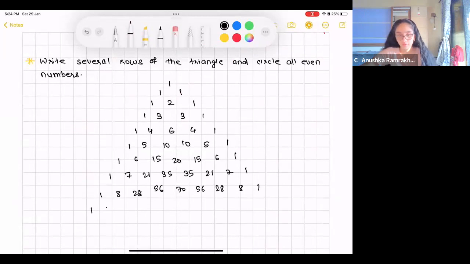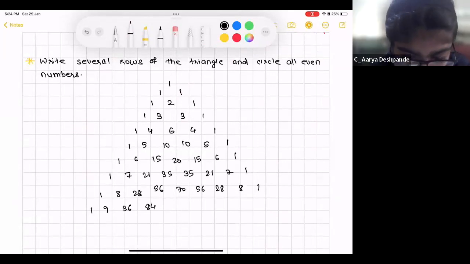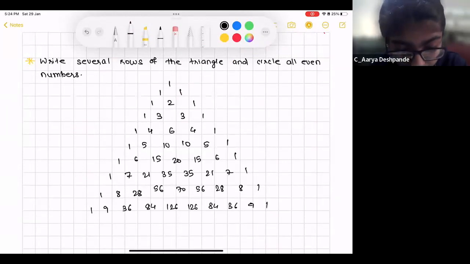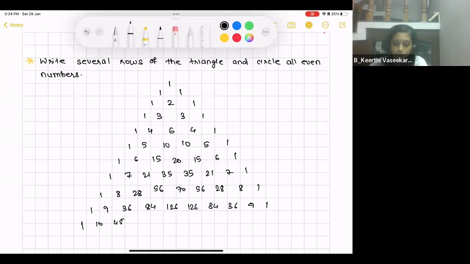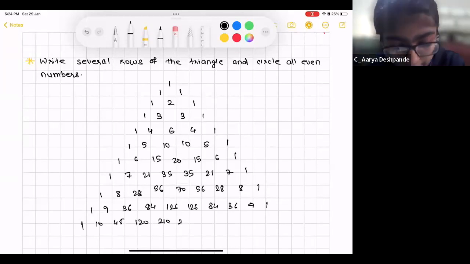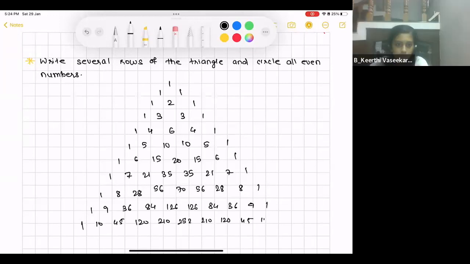Then 1, 9, 36, 84, 126, 126, 84, 36, 9, 1. And the last row: 1, 10, 45, 120, 210, 252, and then it repeats.